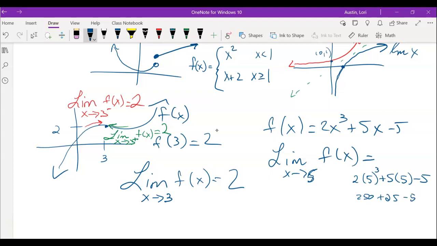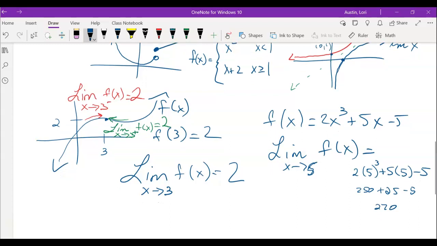Oh, 270? Yeah, I don't need a graph to verify. It's a polynomial. Polynomials are great because polynomials are nice, smooth functions. They don't have asymptotes. They don't have issues. They're happy. You can evaluate their limit, and it is exactly what the function is at that point. Done. Unfortunately, we don't work just with polynomials.